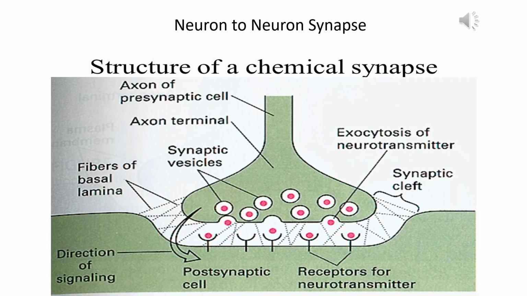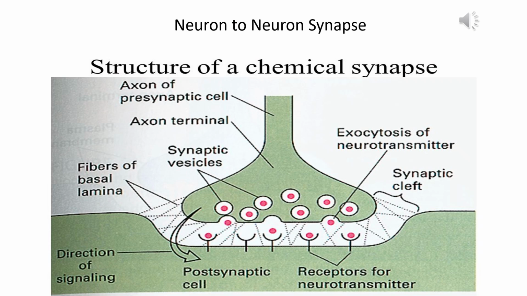Now remember that some neurotransmitters, when they bind to their receptor, cause sodium channels to open. Well, that would be a depolarizing signal. Other neurotransmitters, when they bind to their receptor, cause chloride channels to open. Well, those would be hyperpolarizing.